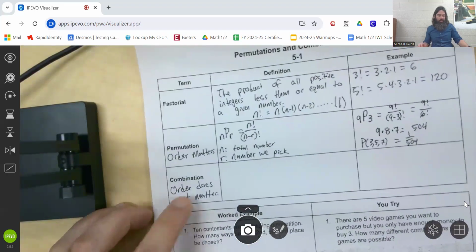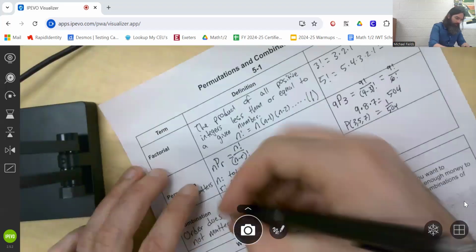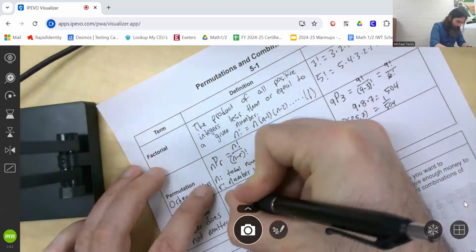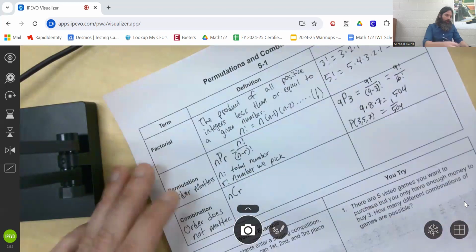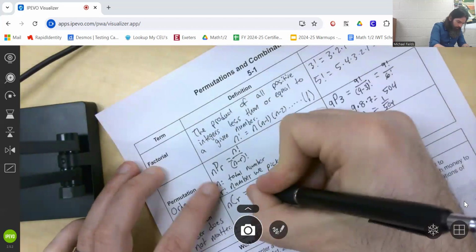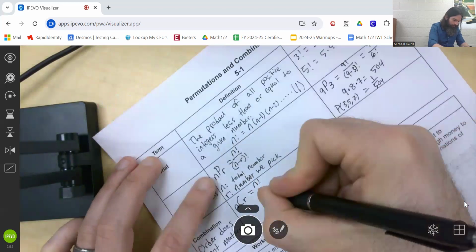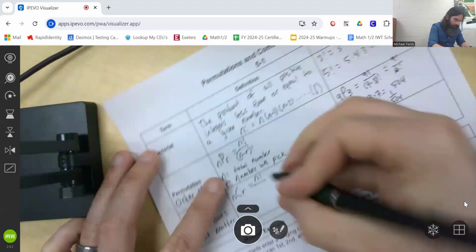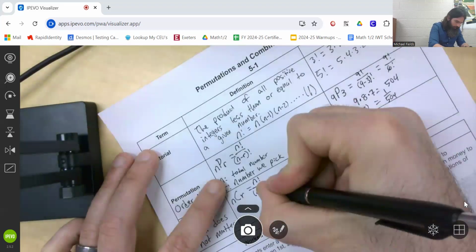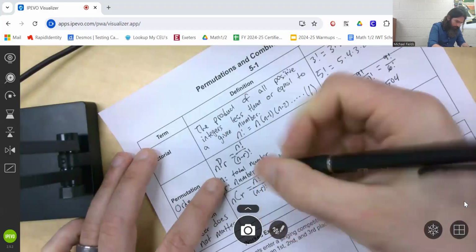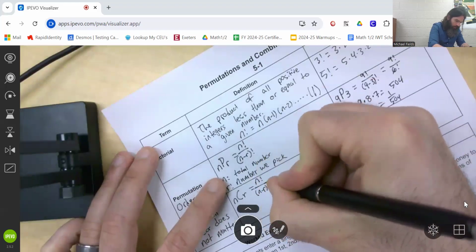Okay? Now let's see how that compares to a combination. So for a combination, the order does not matter. And so that's going to be nCr, and that is n factorial over n minus r factorial times r factorial.